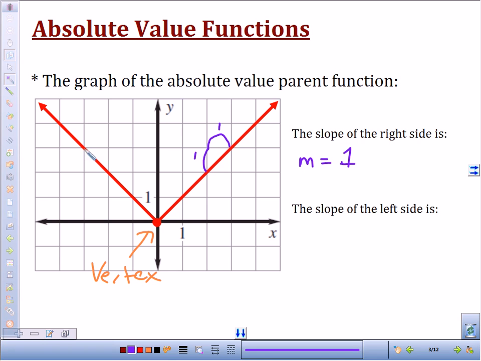On the other side, if we were to do the same test, we would see that the slope of this left side moves down 1 and over 1, meaning that the slope of the left side of the parent function is negative 1. And that's the way the absolute value functions are all going to look. We're going to have one slope that's positive and one slope that's negative.